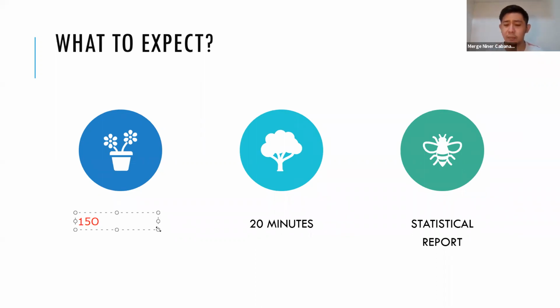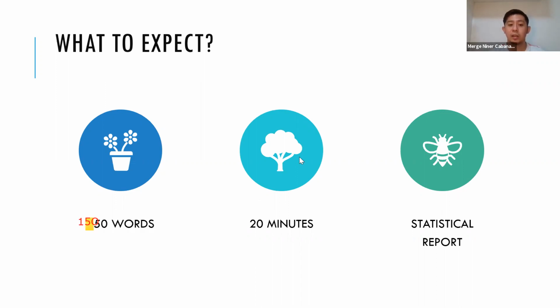That's it. But when it comes to statistical report, you have to sound statistical. There are some mathematical computations here. There are some comparisons of figures and data and information that you must allow yourself to present in a very academic manner. And that is what you must expect with a task like this.